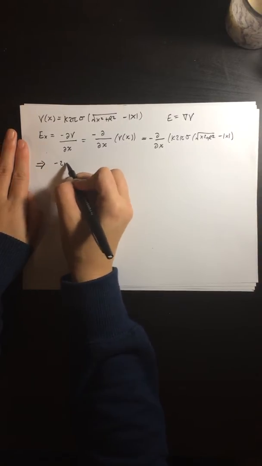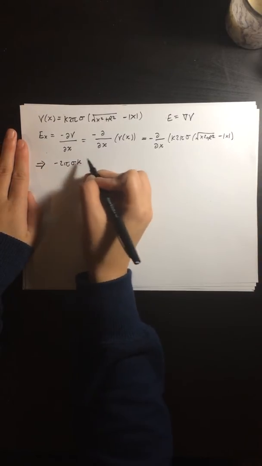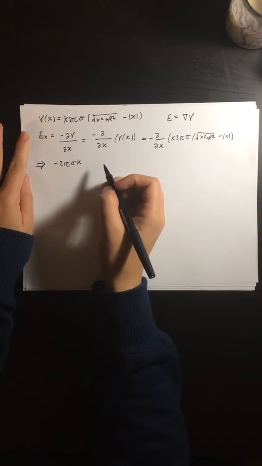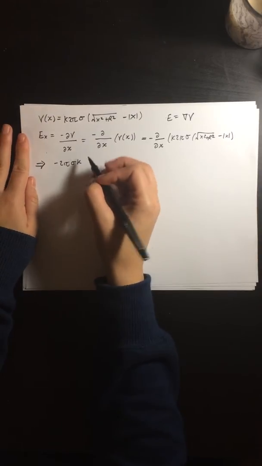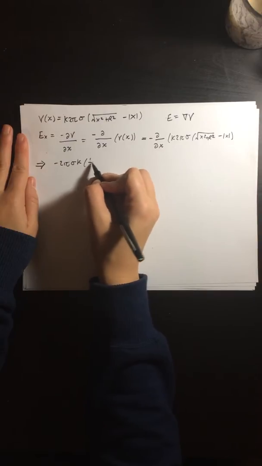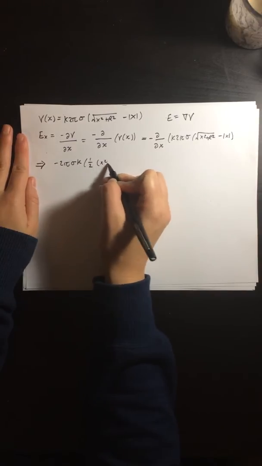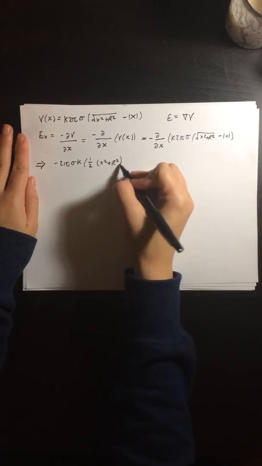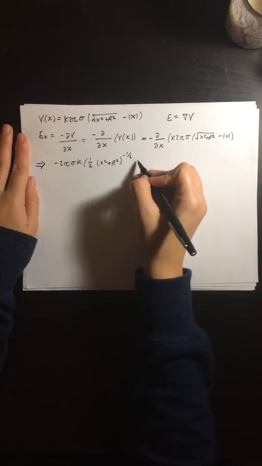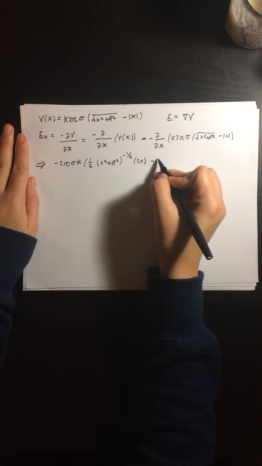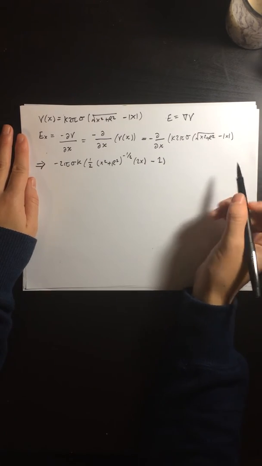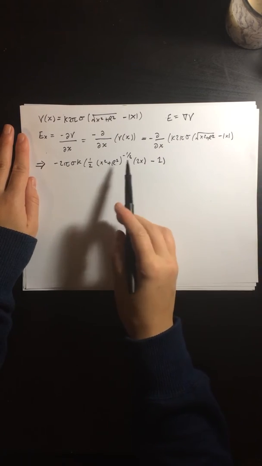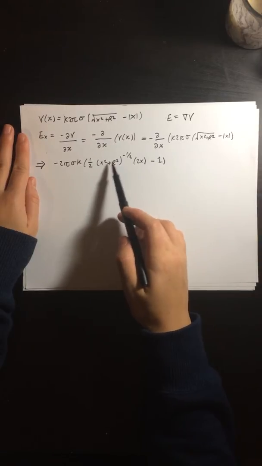So we get negative 2 pi, these are constants, times a half, x squared plus r squared to the negative a half, times 2x minus 1.